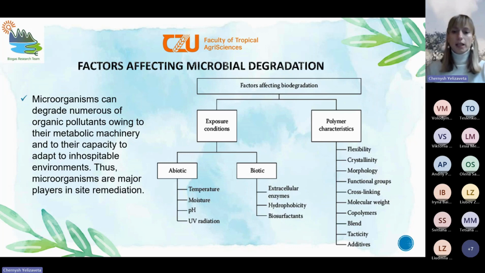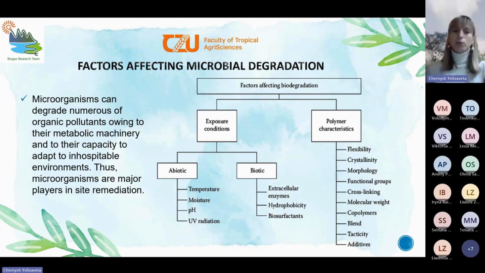In another way, different types of factors can impact microorganisms and their biological purification processes in the ecosystem, and these factors can be divided into abiotic and biotic factors. Of course, temperature, moisture, pH, and ultraviolet radiation impact the growth of bacteria and different groups of microorganisms.